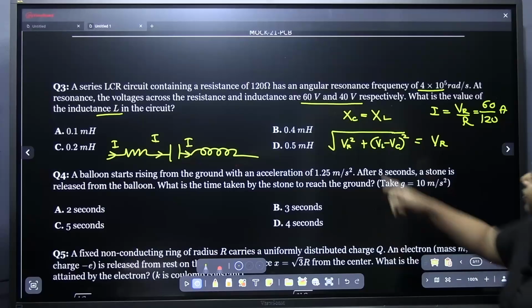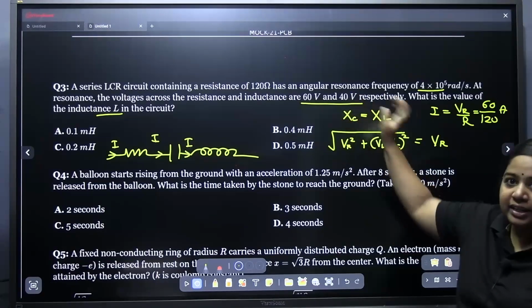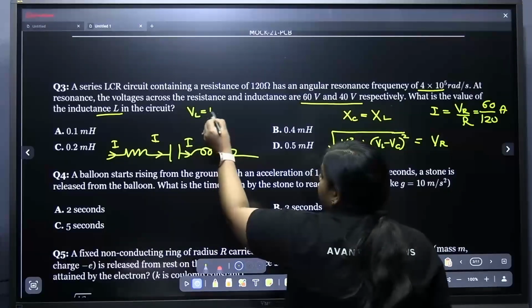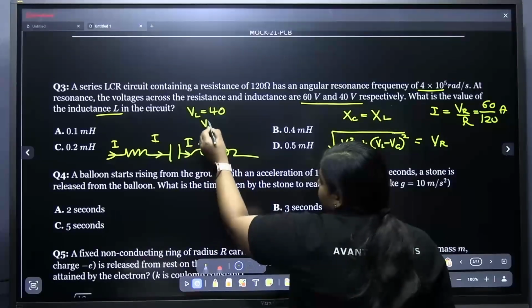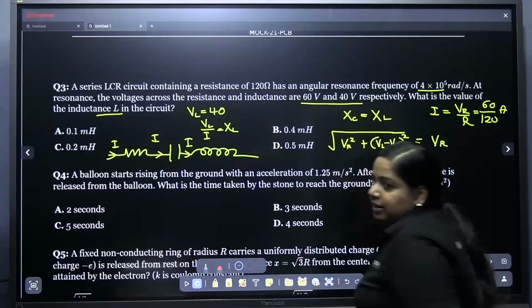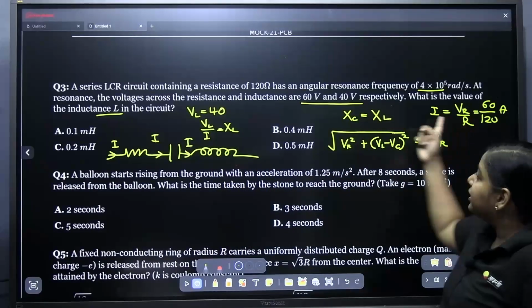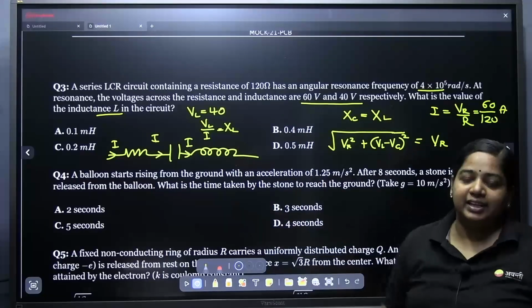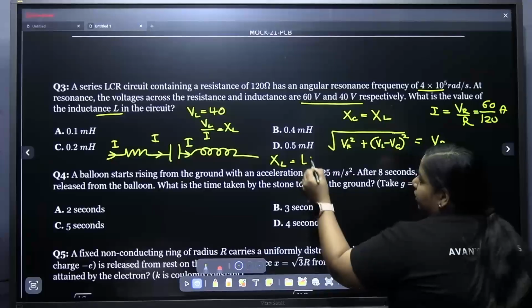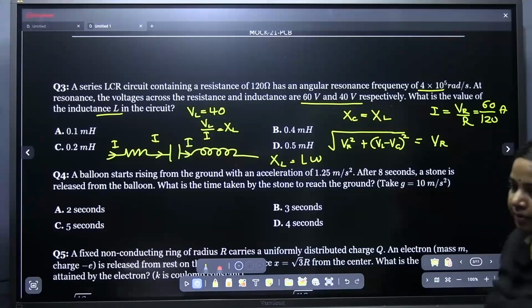Now we can find the reactance XL. Since VL is equal to 40, VL by I will be equal to XL. Substituting this I here, you can find XL. And XL is equal to L omega.